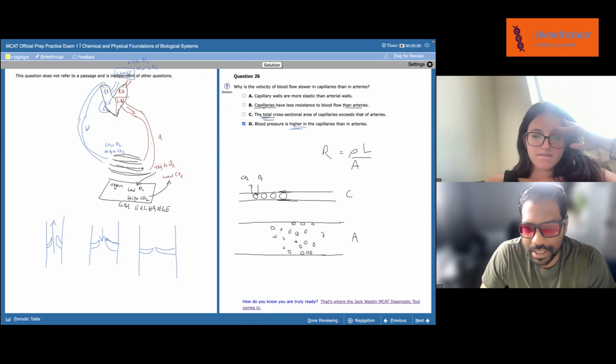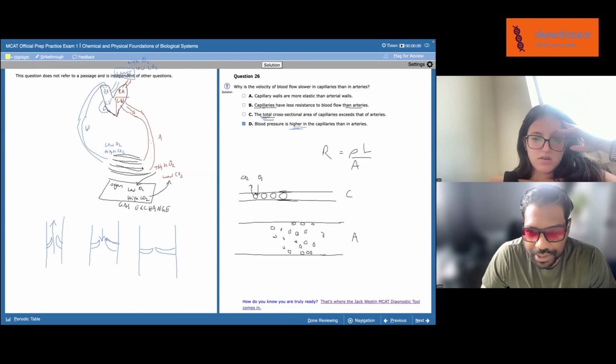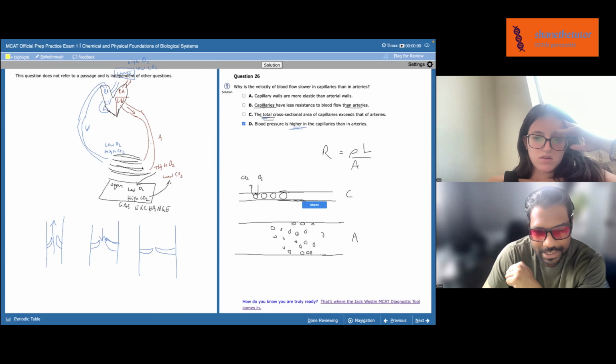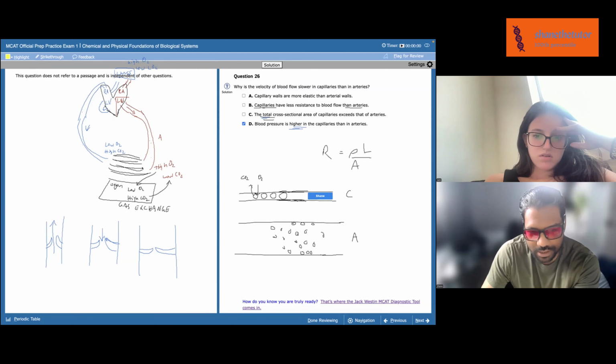And then A says the capillary walls are more elastic than arterial walls. The elasticity is not going to matter, because the cells going into the capillaries are in single file.